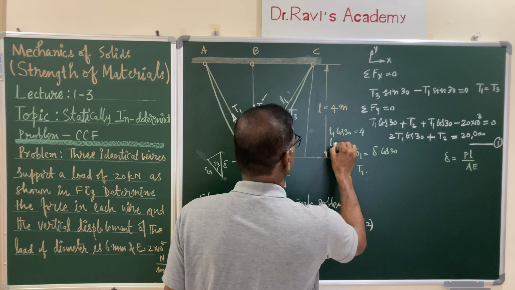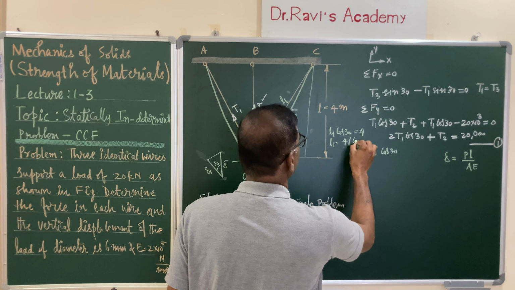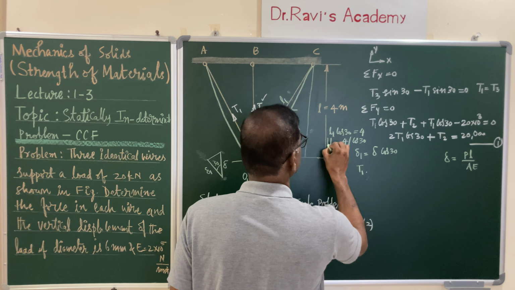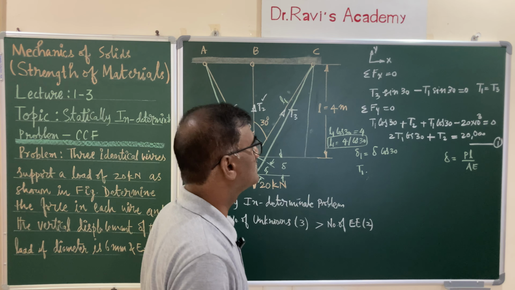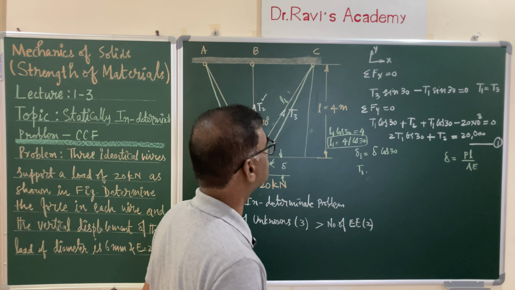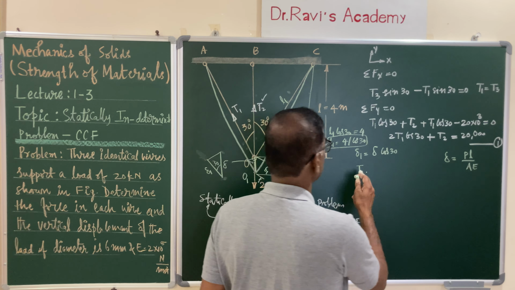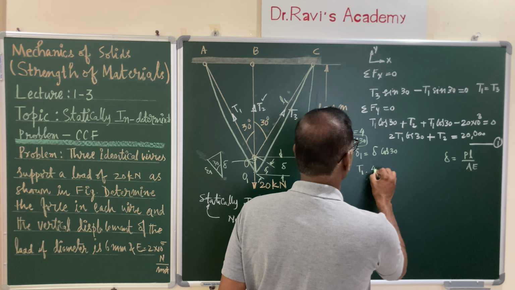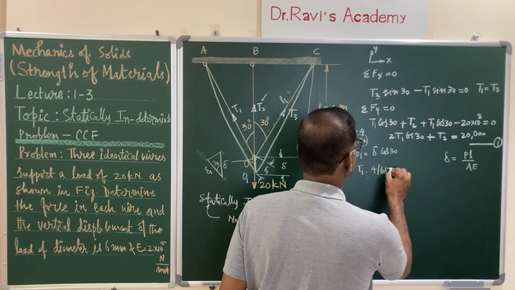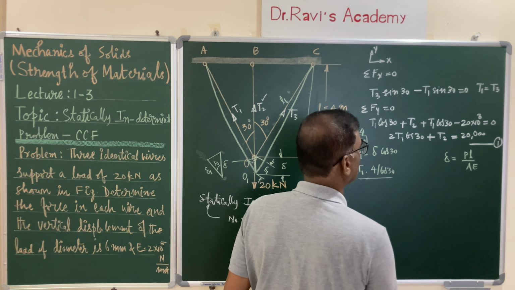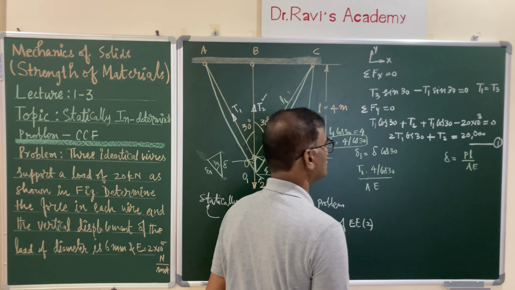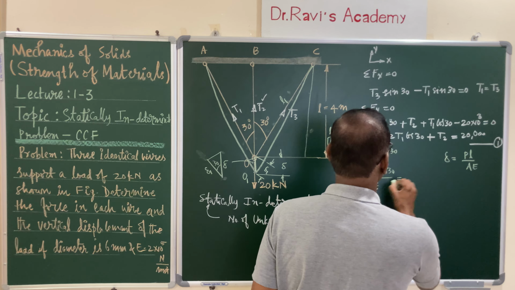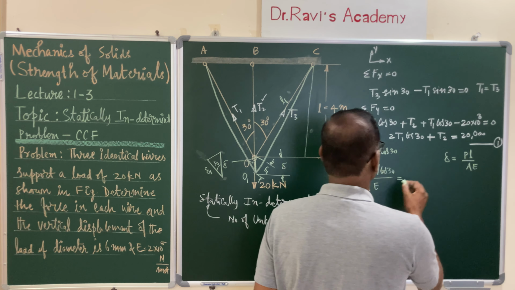And the L1 value is 4 divided by cos 30. So make use of this in the length: T1, L1, where L1 is 4 divided by cos 30, and AE, the cross-section area and modulus, is the same for both wires. All are identical wires.